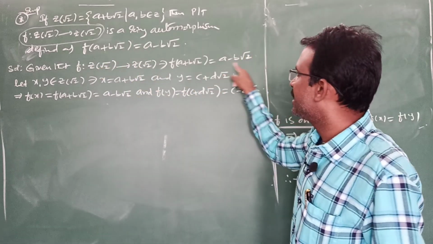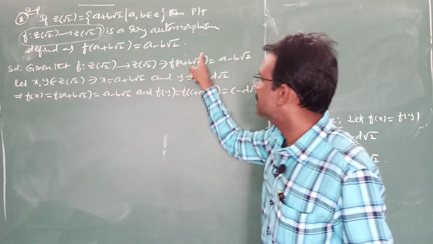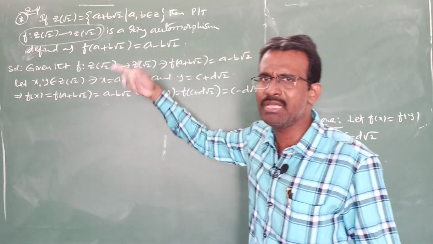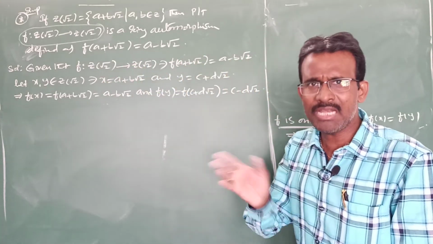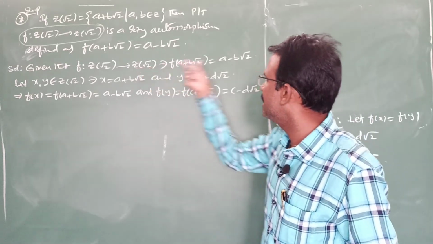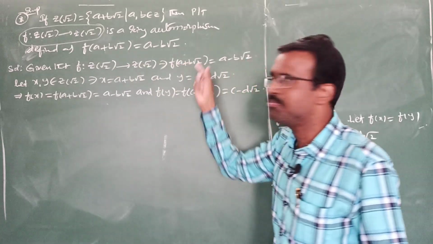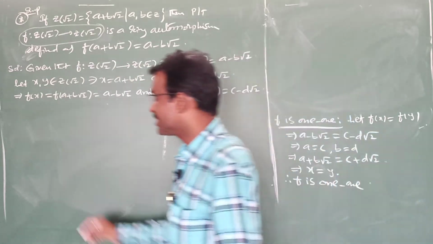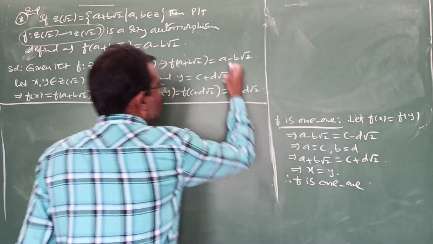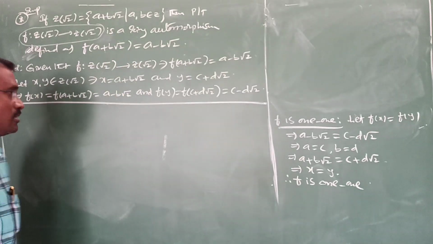Both sets are the same, so you can take them in a similar way, but for variety these codomain elements we are proceeding like this, and domain elements we are proceeding in the a plus b root 2 formation. For that, I want to take this element separately.